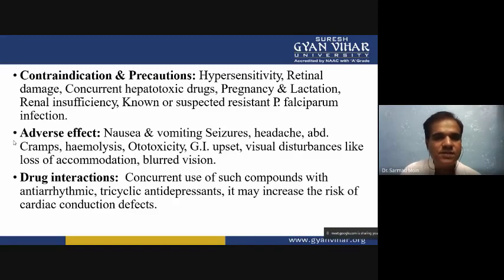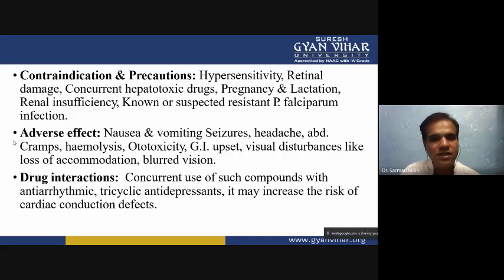If we treat these specific parasites with anti-malarial drugs, these side effects can occur, including nausea, vomiting, seizure, headache, abdominal cramps, hemolysis, ototoxicity, gastrointestinal upset, and visual disturbance like loss of accommodation and blurred vision.